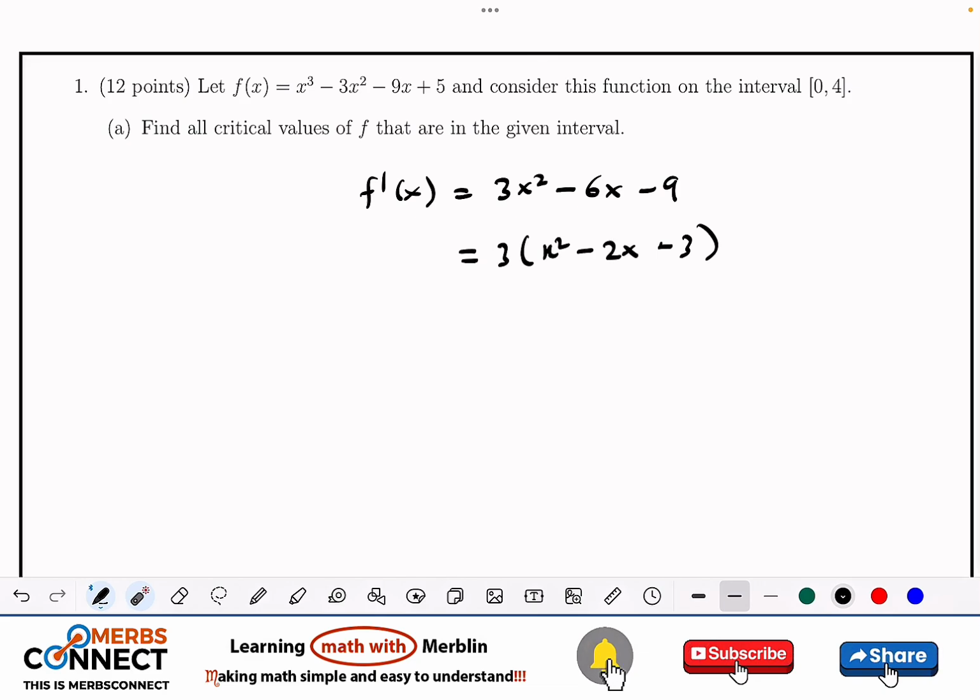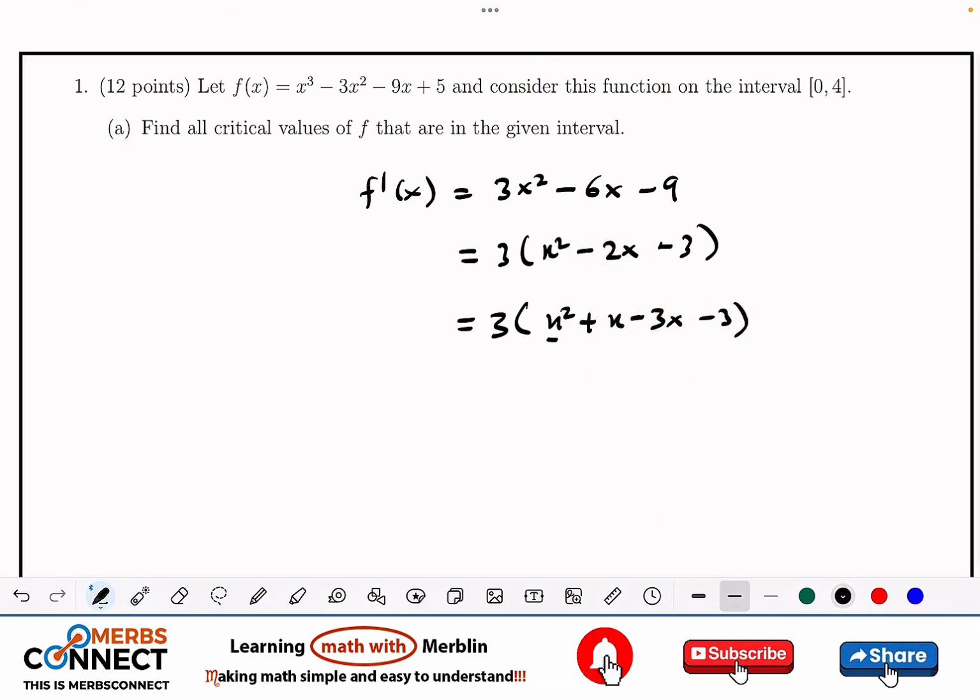Now I want to find two numbers that when I multiply I'll get minus 3, and when I add or subtract I'm going to get minus 2. The factors of 3 are 1 and 3, so 1 and 3 is going to work for us here. So we have x squared plus x minus 3x minus 3.